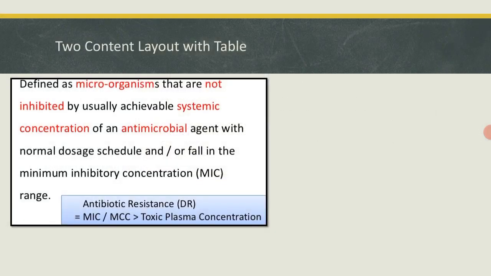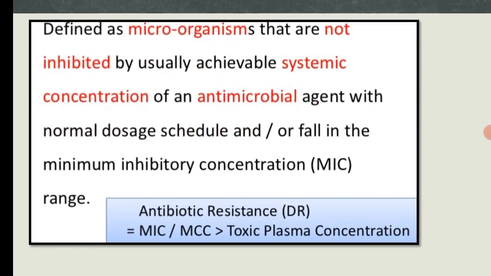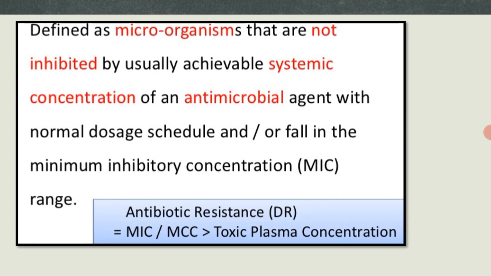Now first, the definition of antibiotic resistance: it can be defined as microorganisms that are not inhibited by the usually achievable systemic concentration of an antimicrobial agent with a normal dosage schedule, or that fall in the minimum inhibitory concentration range of that drug.